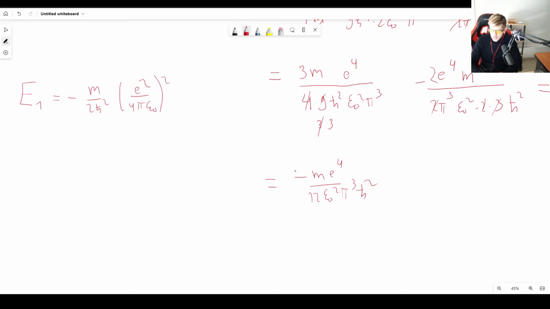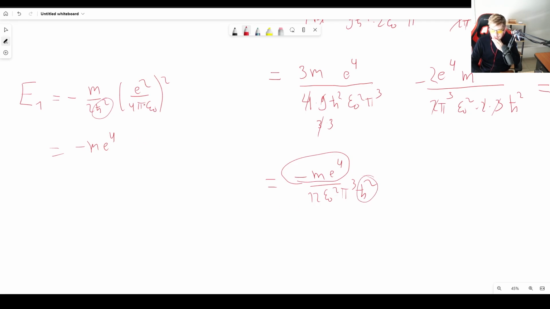So here we can see that we have a lot of similarities. So rewriting this kind of the way we have it, we have m e to the fourth power, right? Here, check. Then we have h bar squared right here, check.